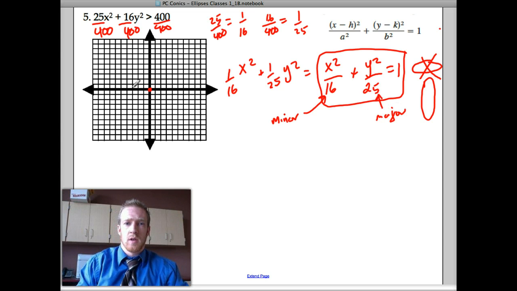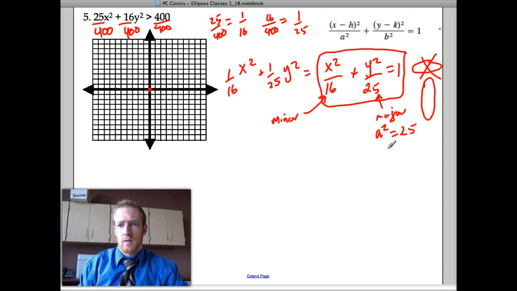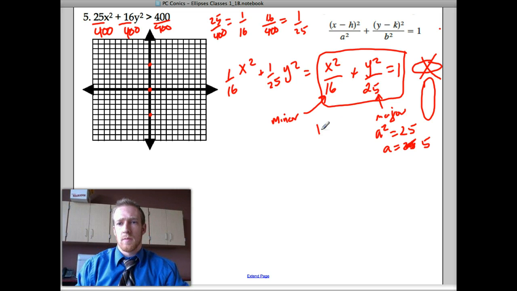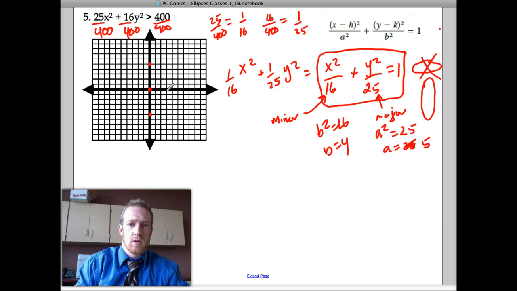This is our a squared is 25, so a is 5: 1, 2, 3, 4, 5 up, and down 5. And b squared equals 16, so b equals 4: 1, 2, 3, 4. There's our ellipse. Well, it should go through that dot, but you know what I'm saying.